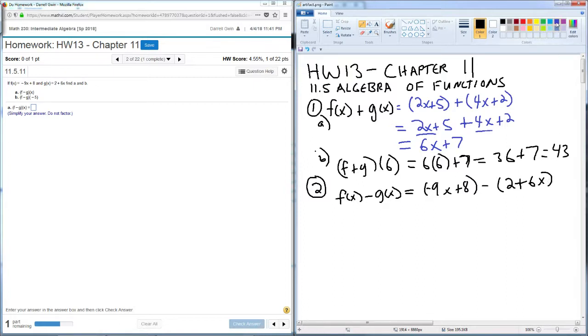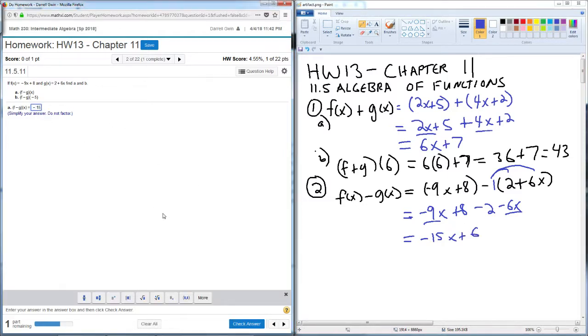F minus g. 1 times everything in the first polynomial is not going to change anything at all. And then this one is negative 1 times both terms. It's just going to change polarity. Negative 1 times 2 is negative 2. Negative 1 times 6x is negative 6x. There's where it matters. Negative 9 minus 6 is negative 15x. 8 minus 2 is 6.